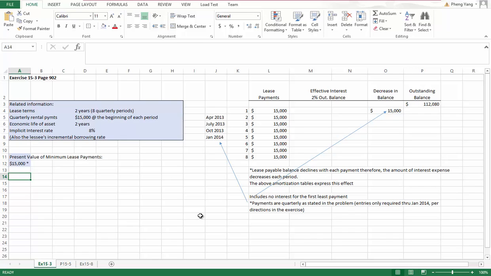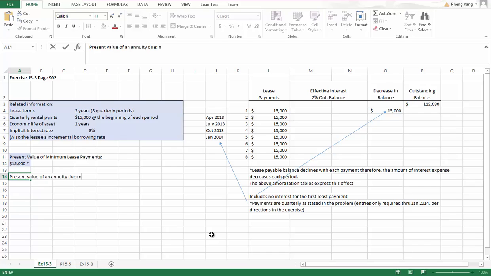We know there's going to be a series of equal payments made at the beginning of each compounding period, at 8%, calculated quarterly, so that 8% would be divided by 4, which makes our interest 2%.